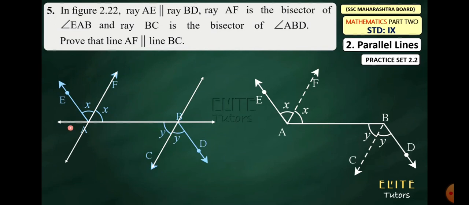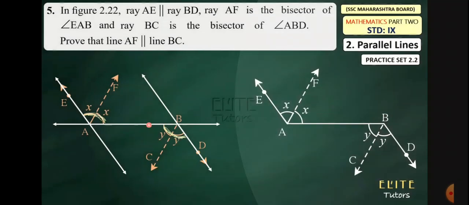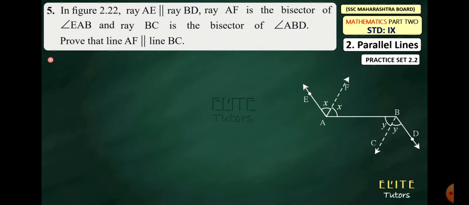If we extend AF and CB like this, and prove this angle and this angle are equal to each other, then we have two lines and one transversal, so we can say AF and CB are parallel by the alternate angle test. So if we prove X and Y are equal to each other, we will use the alternate angle test and we can prove AF is parallel to BC. So students, let us start with the solution.